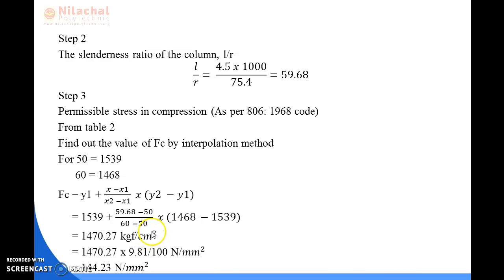In table number 2, the Fc value is given in kgf per centimeter square, so we have to change this unit into Newton per mm square. For that, we need to multiply by 9.81 divided by 100. Hence, the net value of Fc is calculated as 144.23 Newton per mm square.